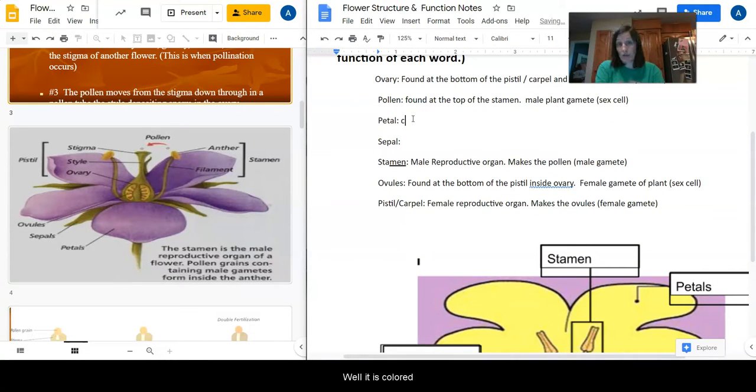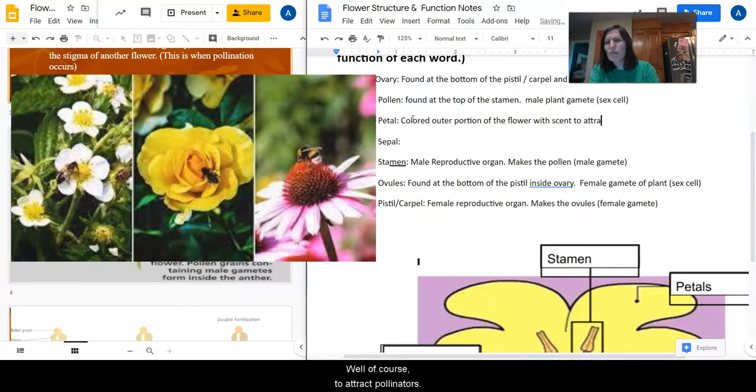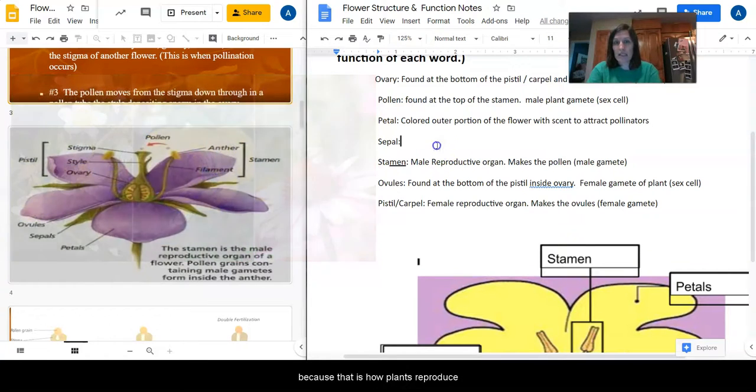Well, it's colored. Usually smells good, but it is the colored outer portion of the flower, and it usually has some scent to it. And so why would we have bright colors and scent? Well, of course, to attract pollinators. We want them to come to this flower and help us pollinate because that's how we reproduce, right?